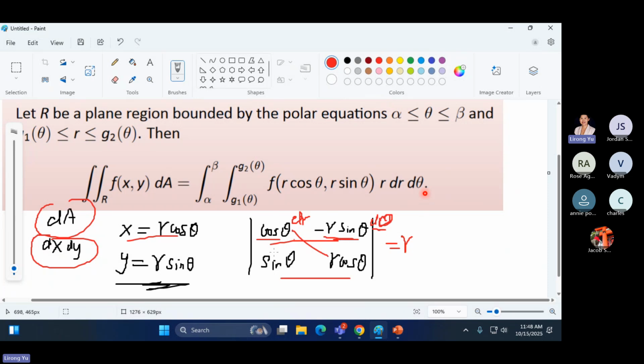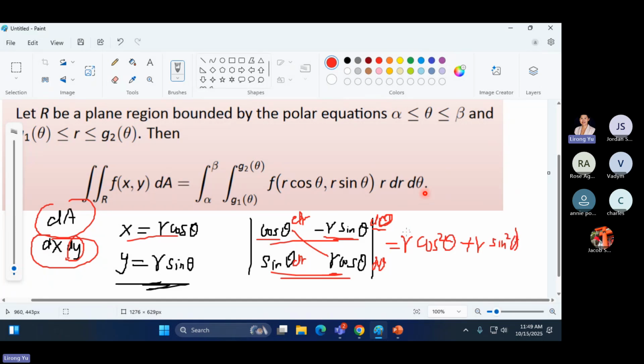This is the total differential for x, and here is our total differential for y. This is the dr, and this is the d theta. So we cross multiply. You have r cosine squared theta minus negative, or plus, r times sine squared theta.